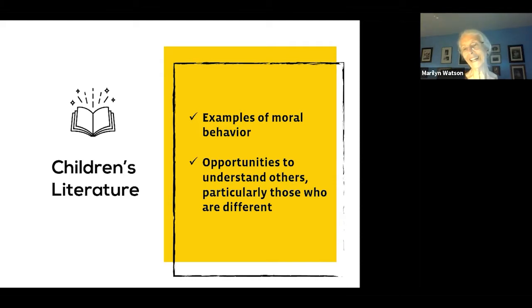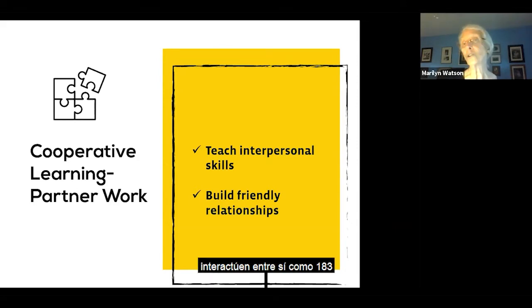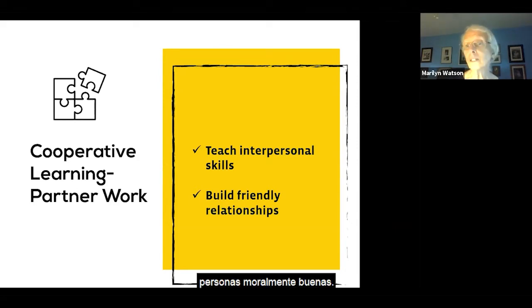Okay, next slide. Cooperative learning or partner work is one of the key ways that teachers have to guide students as they interact, as they try to be good moral people.